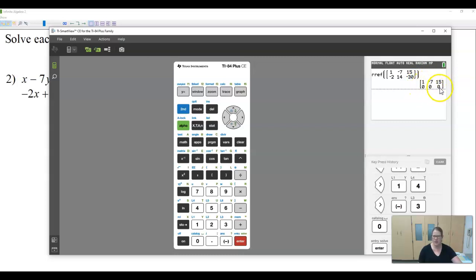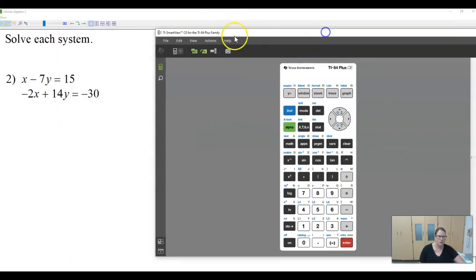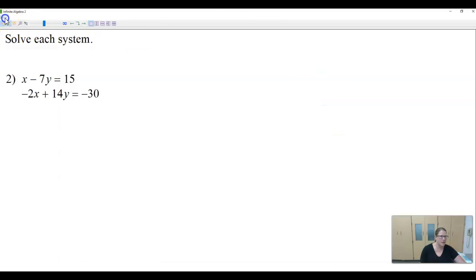One of them disappeared. It means that they're both the same. They both have the same slope and intercept. So we see that this one has infinitely many solutions. So if I show answer over here, infinite number of solutions. Okay, so let's try another one.